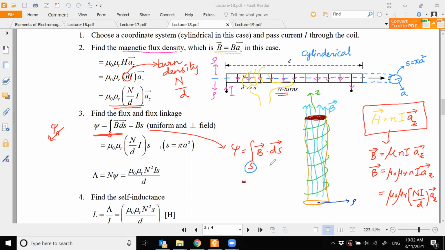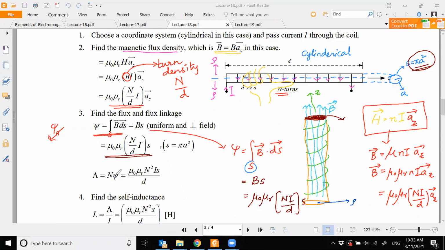I explained this very well in the tutorial. So it will be just B multiplied by S, and therefore B is mu naught mu r Ni over D times S. And what is your S? It is the cross-sectional area, which is pi a squared. So that's your flux.